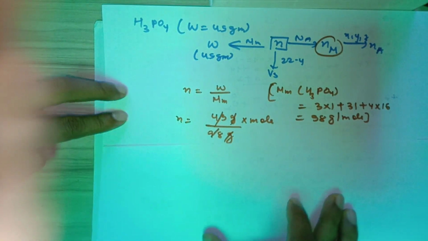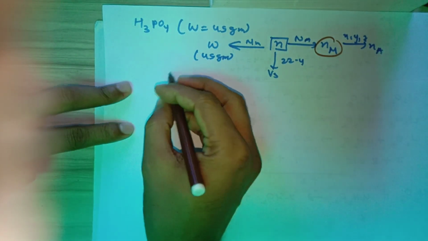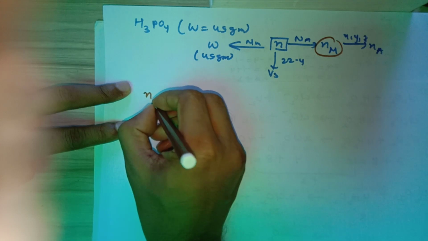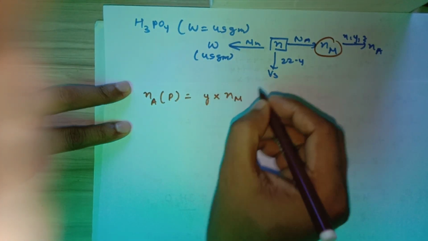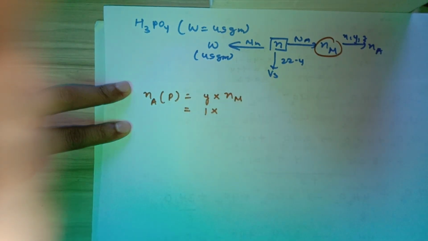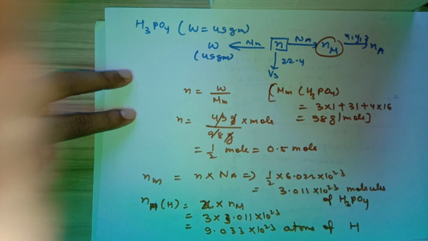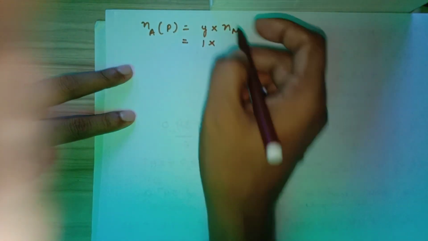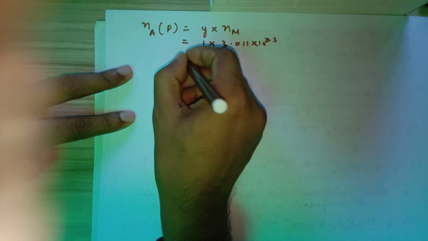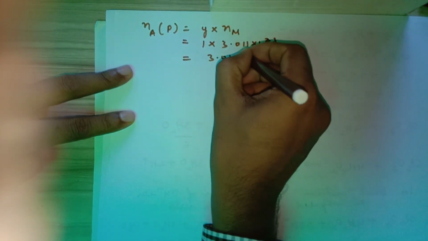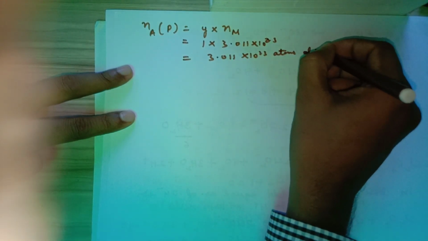Now suppose we have to find the number of atoms of phosphorus. It will be Y into the number of molecules, that is 1 into 3.011 into 10 to the power 23, so it will remain the same, atoms of phosphorus.